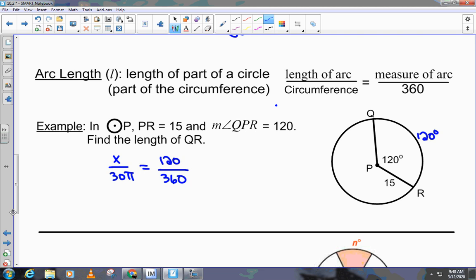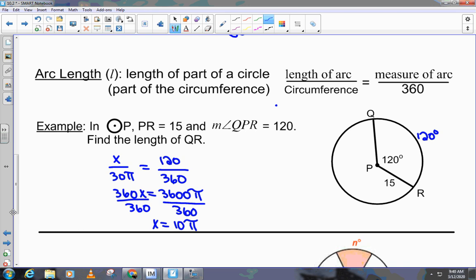Okay? So we cross multiply and we get 360x equals 3600 pi. We divide both sides by 360. And if it wanted an exact answer, it would be 10 pi. And it could ask for an exact answer. That would mean you'd have to reduce that fraction sometimes.